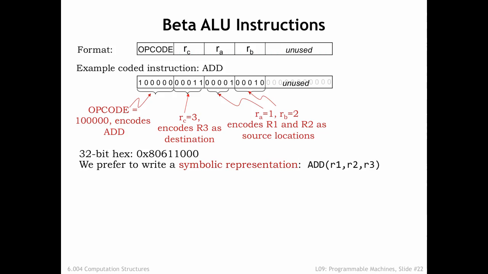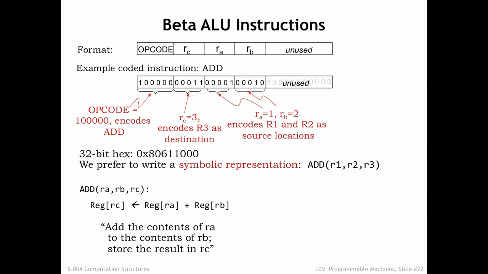Here we use a symbolic name for each operation called a mnemonic. For this instruction, the mnemonic is add, followed by a parenthesized list of operands, in this case the 2 source operands, R1 and R2, then the destination, R3. So we'll understand that add(RA, RB, RC) is shorthand for asking the Beta to compute the sum of the values in the registers RA and RB, writing the result as the new value of register RC.